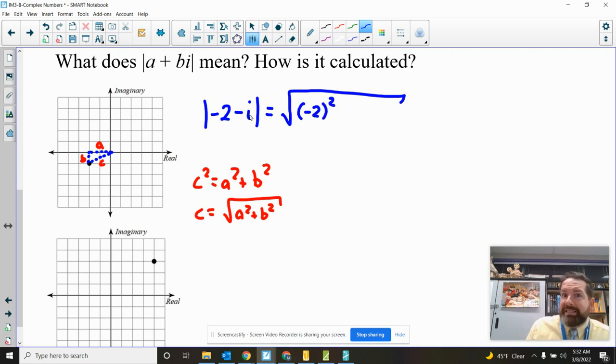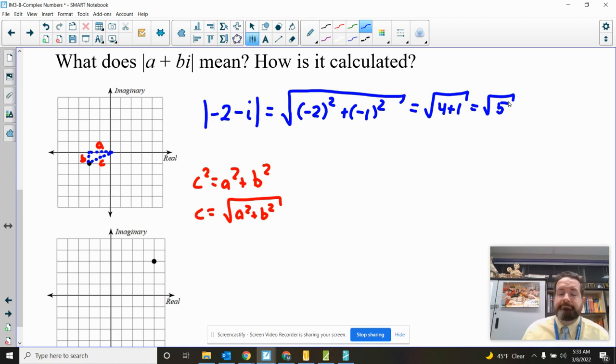The B, now it's not i, it's just the number in front of the i. So negative 1. And then let's simplify. So that's going to be a 4, that's going to be a 1. So the absolute value of this number is square root of 5. And again, that comes from that Pythagorean theorem.